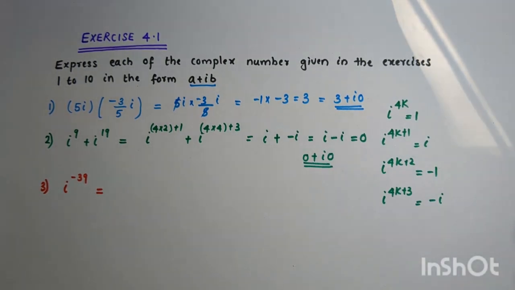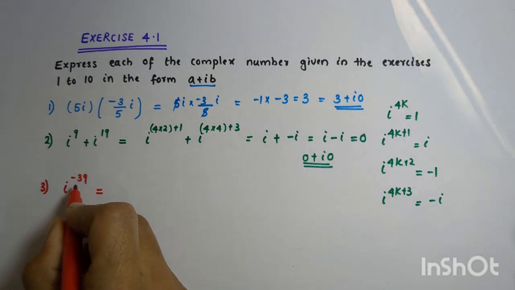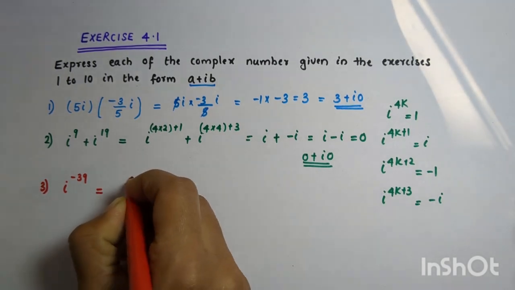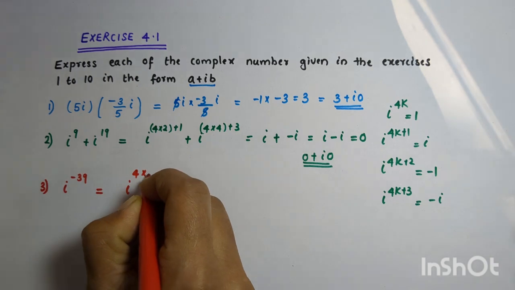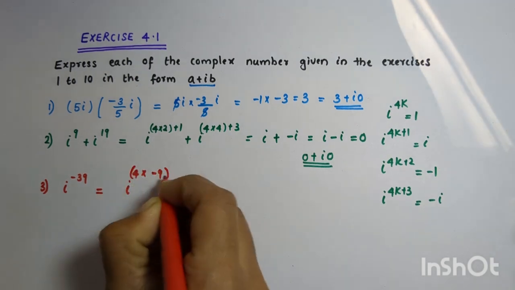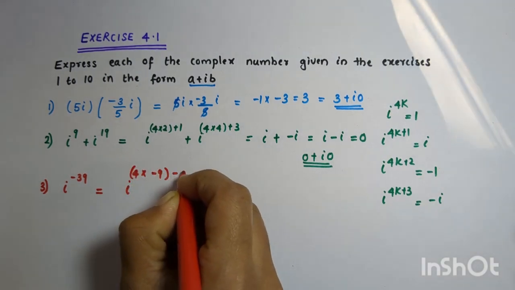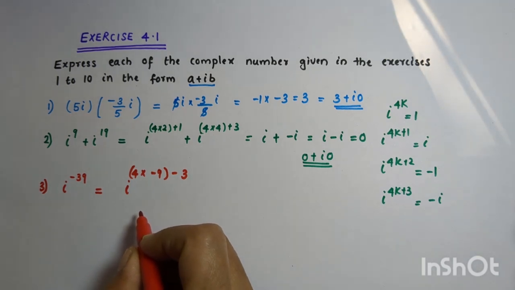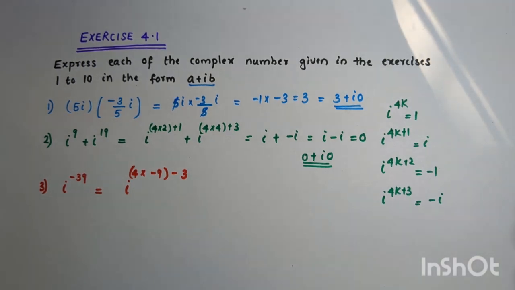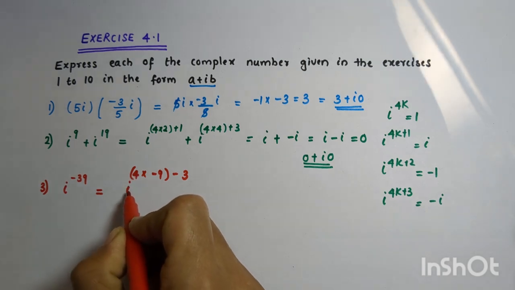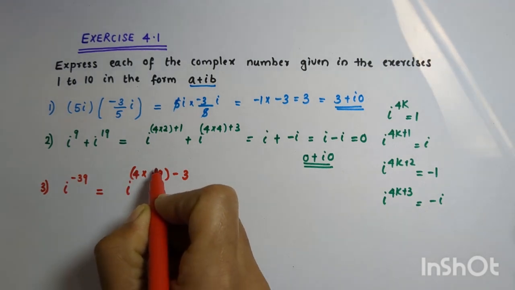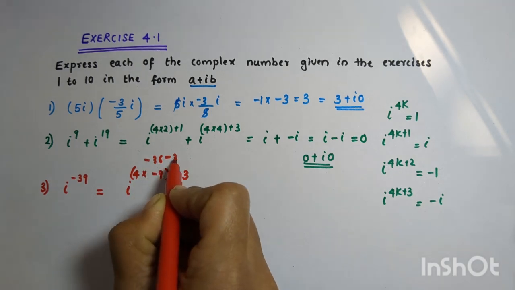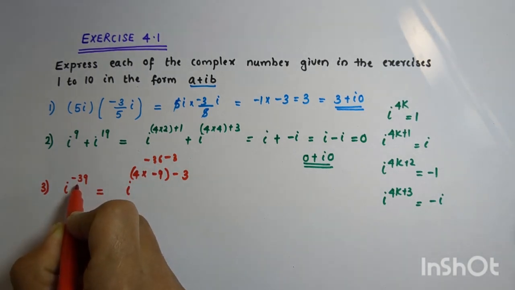Okay, now the third one is i raised to minus 39. This can be written as i raised to 4 into minus 9 plus minus 3, because i raised to 4 into minus 9 is minus 36, and minus 36 minus 3 is actually equal to minus 39.